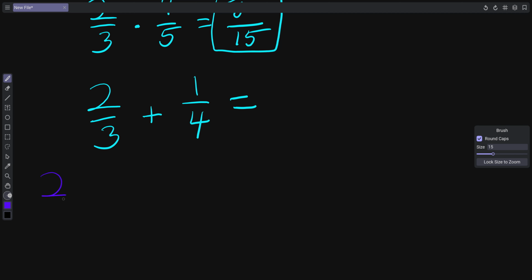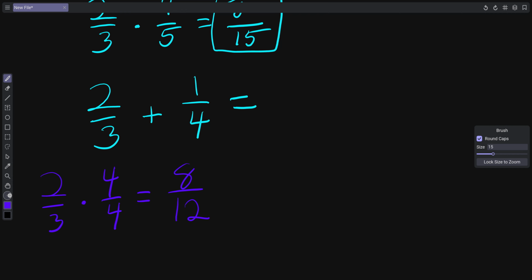I'm going to take 2/3 and multiply this by 4/4. This would give me 8/12. We could actually simplify this, but I'm going to leave it like this for now because we wanted the denominator to equal 12.